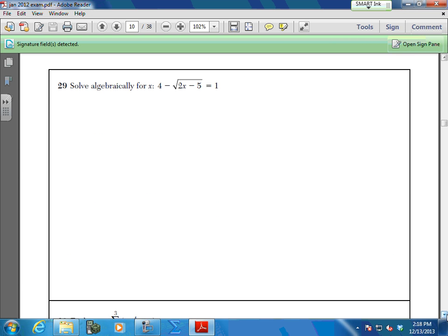In this next one, here's a radical equation. Your first step is to isolate the radical. You isolate the radicals, you isolate your absolute values, get the radical on one side by itself.